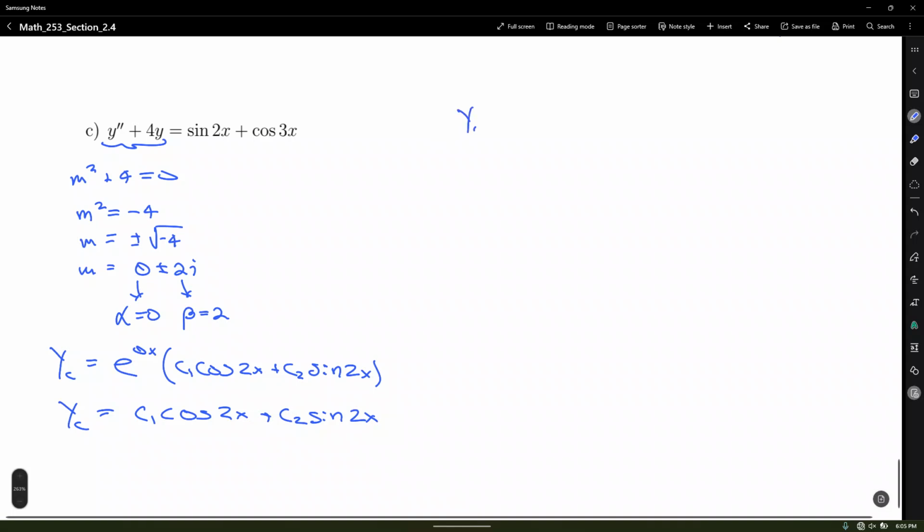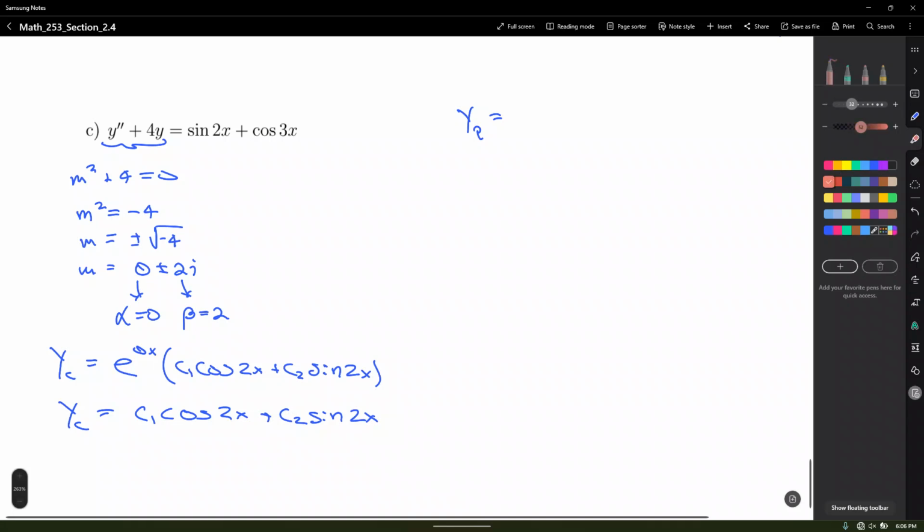Y sub p. What do we have for y sub p? Okay, believe it or not, we're going to have two totally different solutions. Yes, we have the pair sine and cosine. However, be careful because this sine and cosine have different angles. So we would need a pair of sine and cosine for the sine 2x, and then another pair of sine and cosine for the cosine 2x.